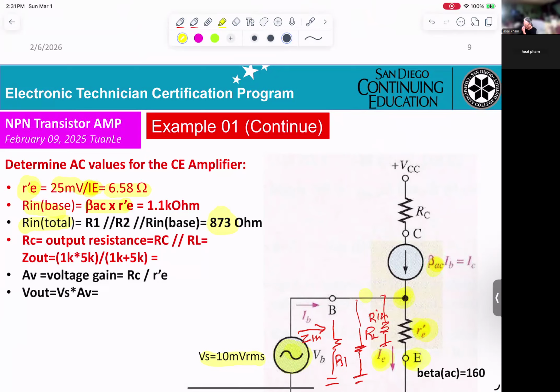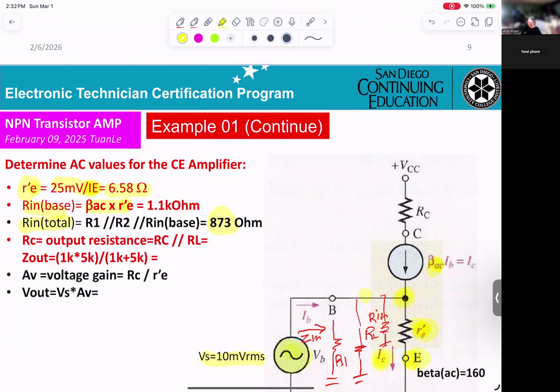Okay, now RC, output resistance. You understand at the collector, we already know, we get RC parallel with a load. Okay, and that is the output, which will be RC times RL divided by RC plus RL.